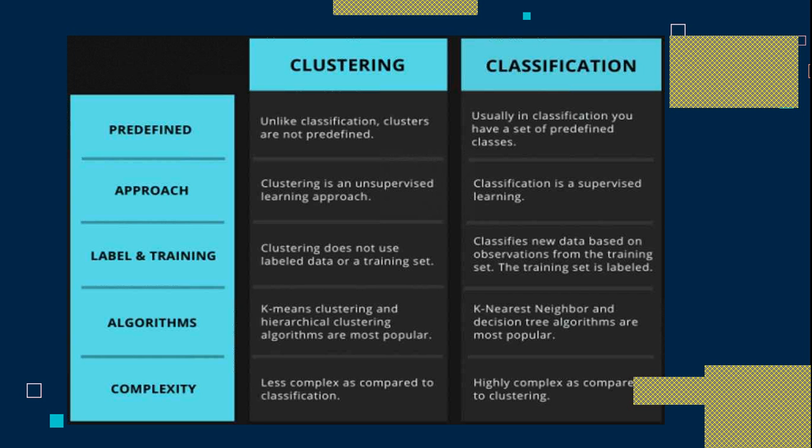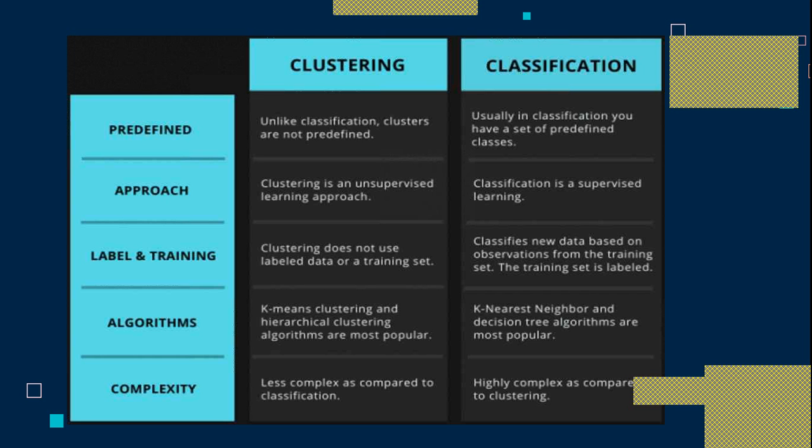There are a number of algorithms you can use for clustering, but these two are very basic, and in our syllabus we will learn K-means clustering and hierarchical clustering. While in classification, very popular algorithms are K-nearest neighbor and the decision tree algorithm. In this syllabus we will also learn these two algorithms and a few other classification algorithms.